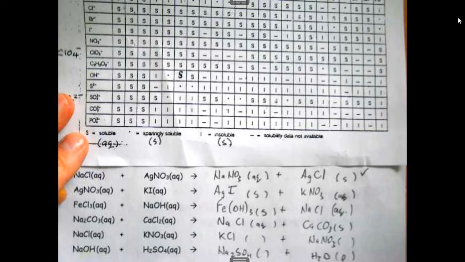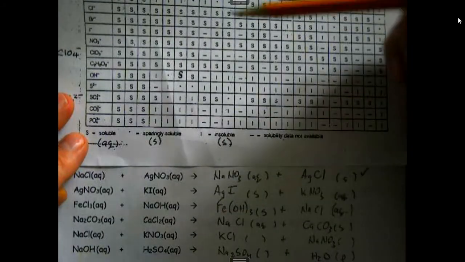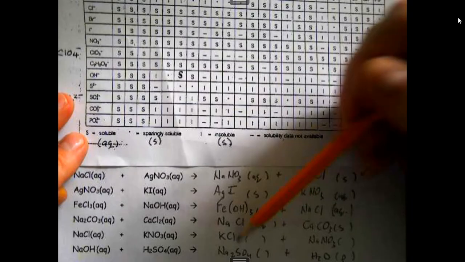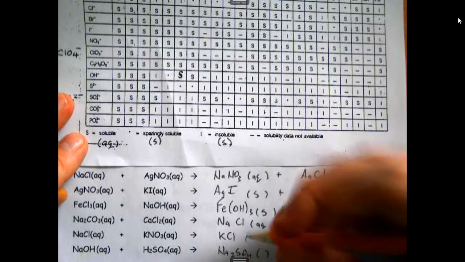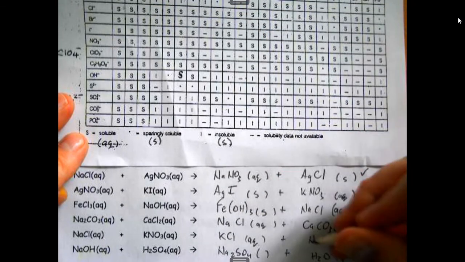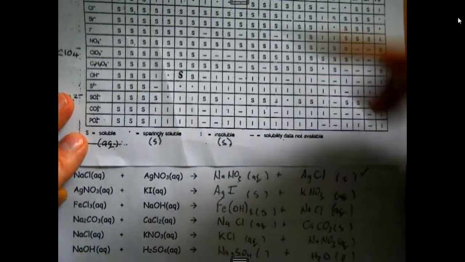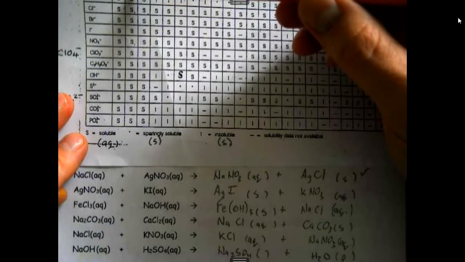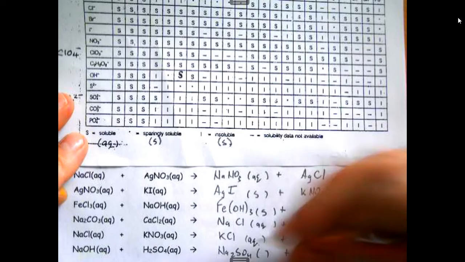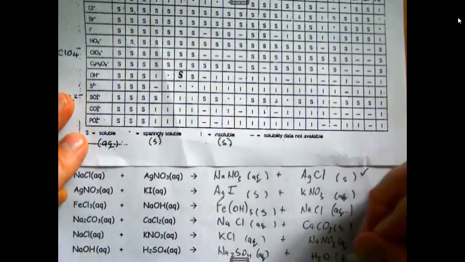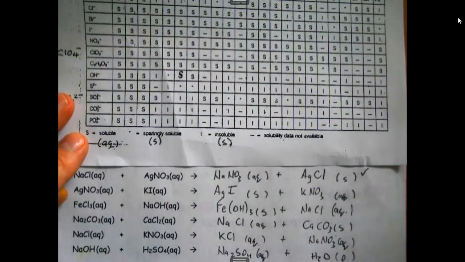And you could get two precipitates sometimes. It all depends on what you put together, and so on. So here's KCl, soluble, aqueous, and then NaNO3. We said any nitrate would be soluble, and SO4, soluble, and then H2O is liquid, and so on. Okay, and that's it.